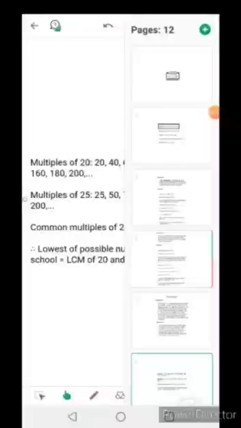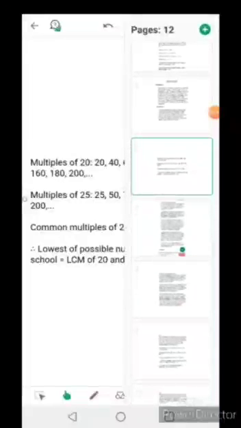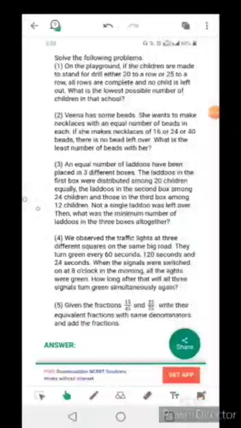Now let's solve our next problems, which are based on the lowest common multiple. So here is a list of the problems. Solve the following problems. There are 5 problems, so we will solve all these problems one by one.